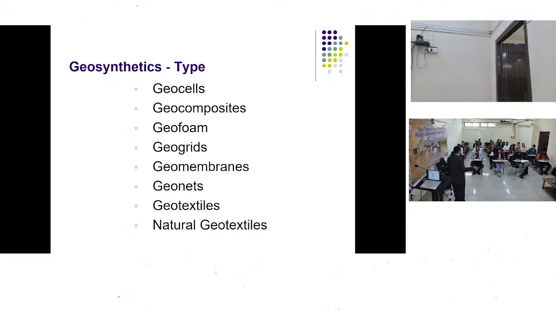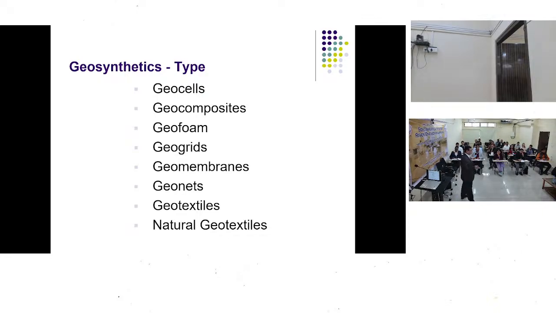What is a geocomposite? A very easy way to remember is you just divide these names into two parts: geo-cell, geo-composite, geo-foam, geo-grid, geo-membrane, geo-net, geo-textile, and natural geotextile. Okay. So now what I need to remember is that it is a cell, a composite, a foam, a grid, a membrane, something net, some textile, and some natural geotextile.